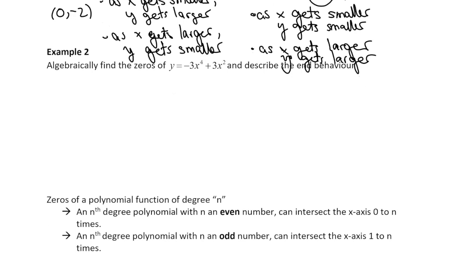Okay, so what happens here where we now have to figure out the zeros and the end behavior. It looks like we have a negative quartic function. If we don't know what the zeros are right now, we can easily find them by factoring. Let's factor out a negative 3x squared.